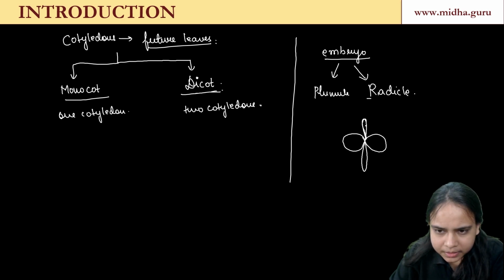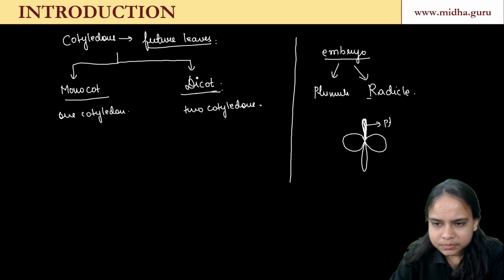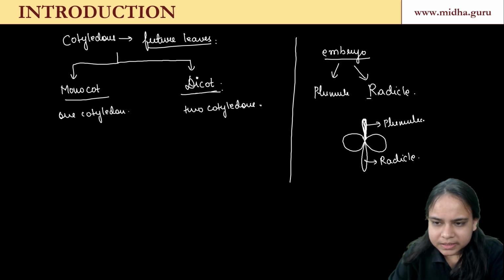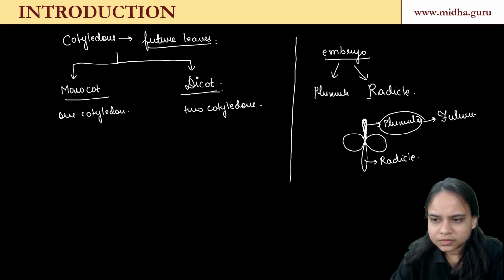This part above the axis of cotyledon is termed as plumule, and this part which is below the axis of cotyledon is termed as radicle. Right? This plumule is actually the future shoot.